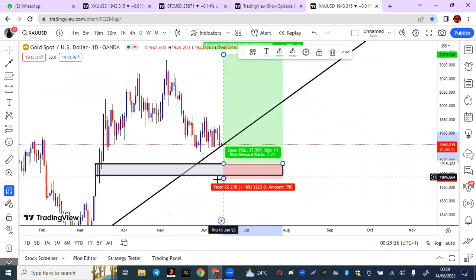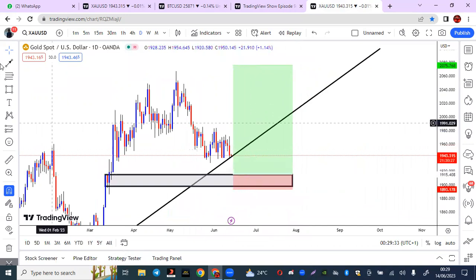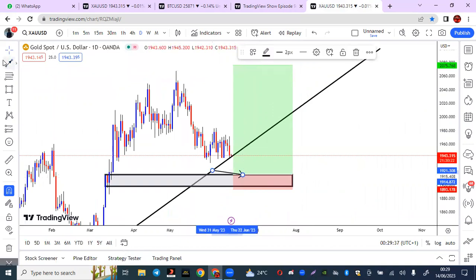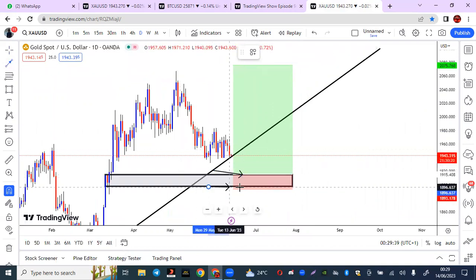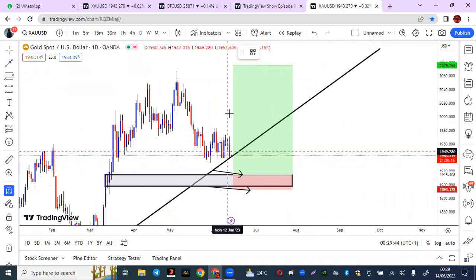I can put this here. This shows that when price comes here, I'm going to be looking at entering the trade from here. Then I'm going to put my stop loss here. That's what it means. And my take profit can be anywhere here.